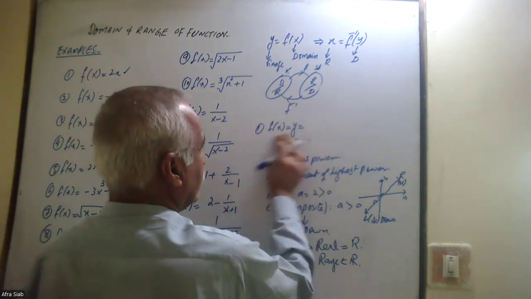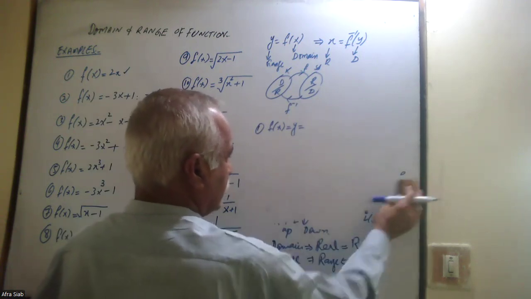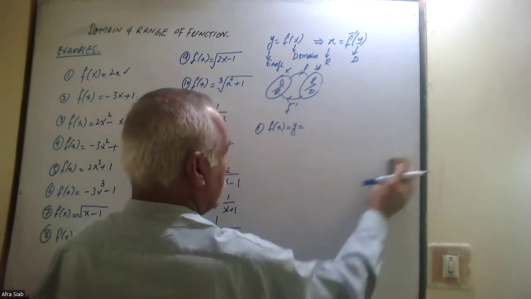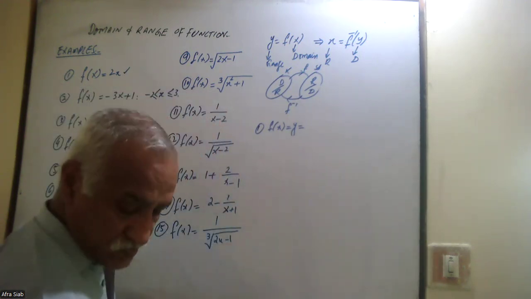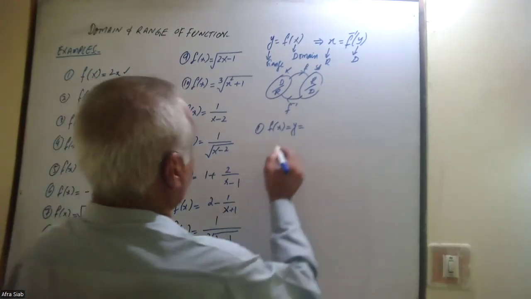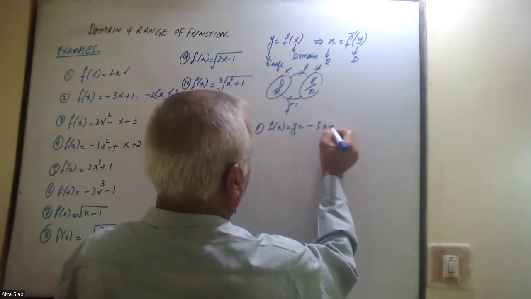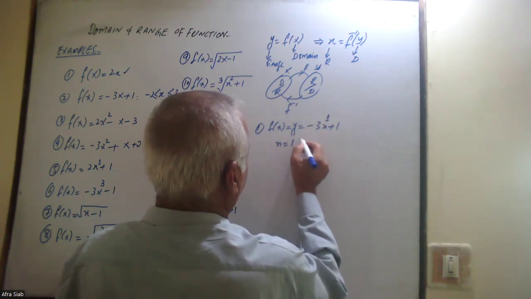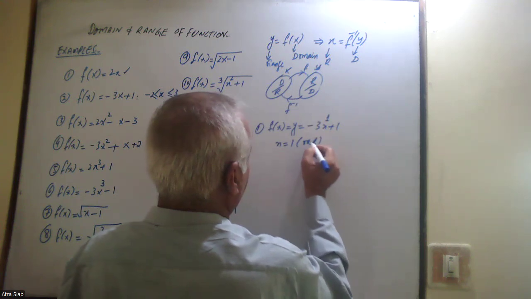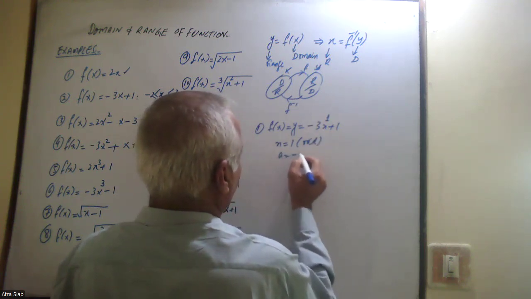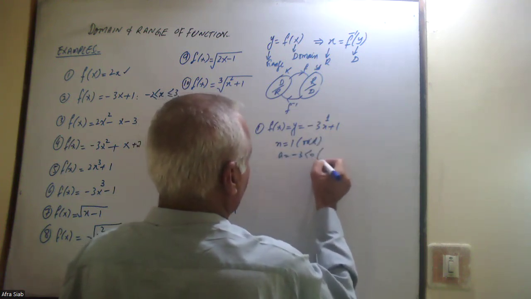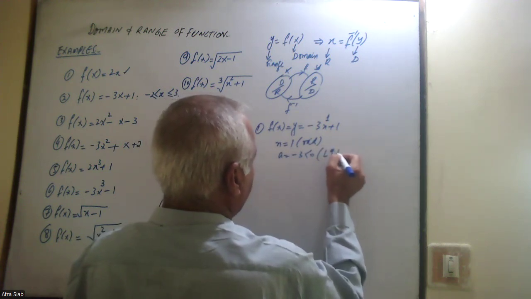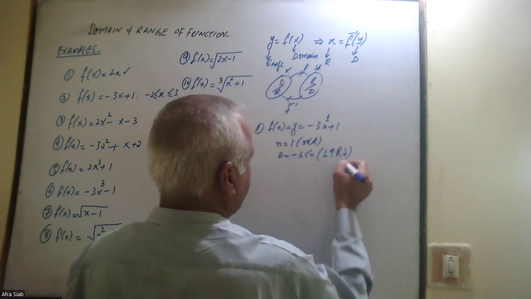When f of x is equal to -3x + 1. Since the highest power is 1, which is odd, and the a value is equal to -3, which is less than 0, the left hand will be upward and the right hand will be downward.